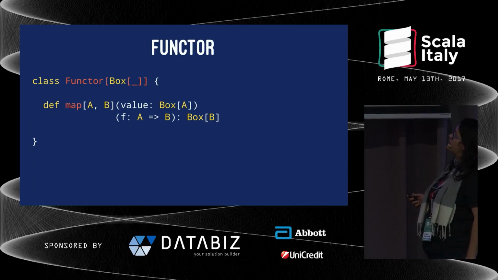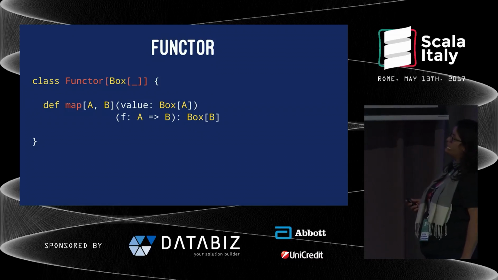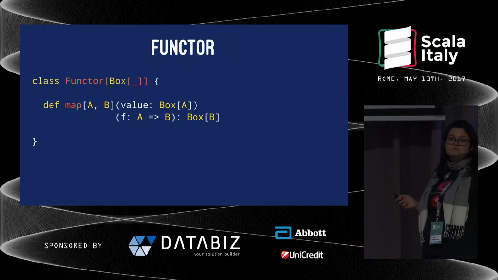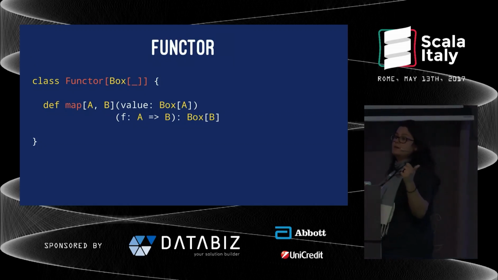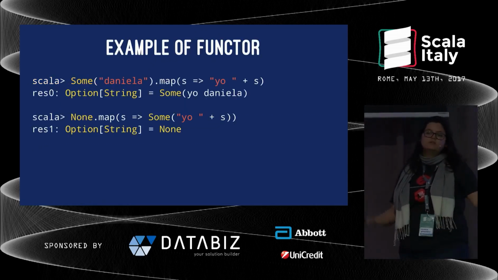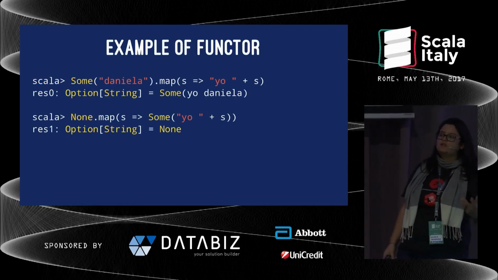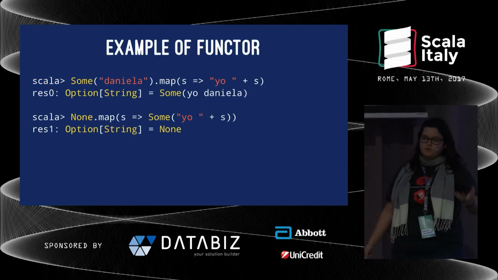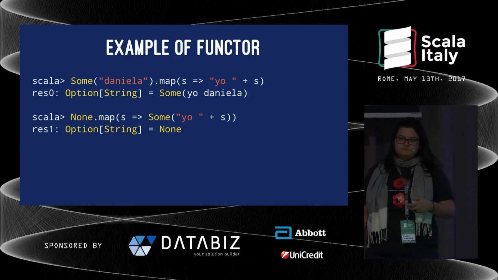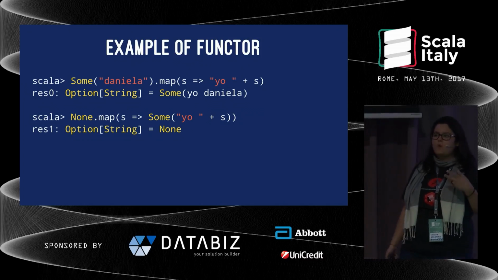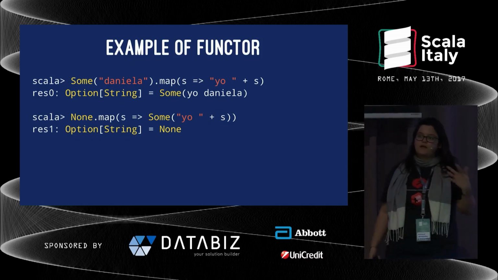We're saying that if we have a box of A, and we have a function that will transform that A into a B, then we know how to get a box of B. Yeah? All good so far? Cool. We do this all the time, right? Again, you don't need to know all these details to know how to use map in Scala. But it's good to know why it's called map and how it works.